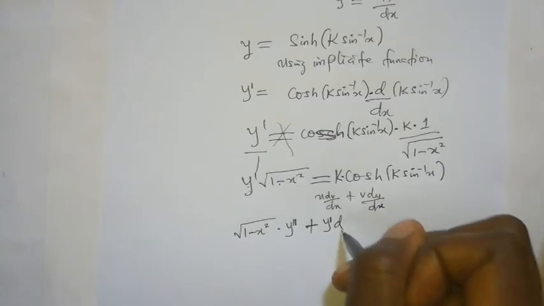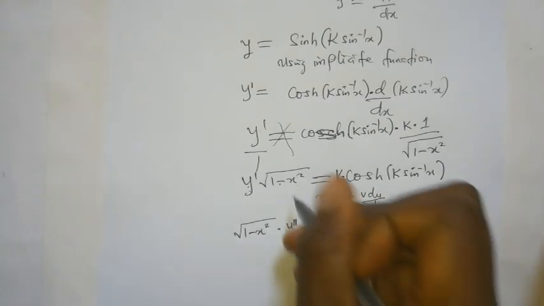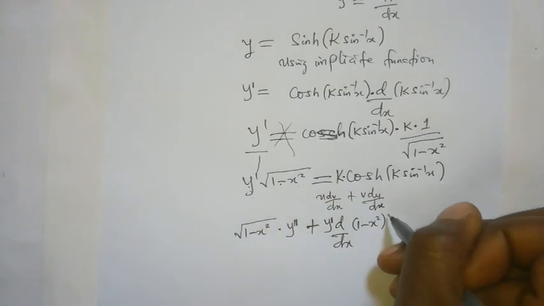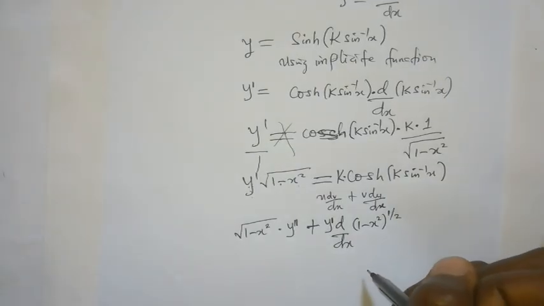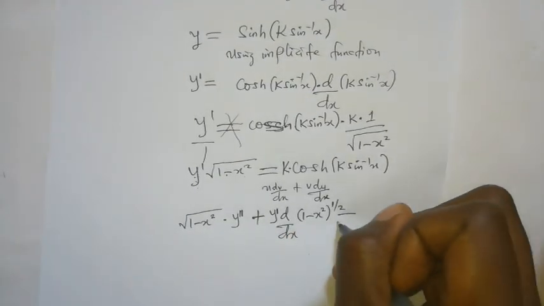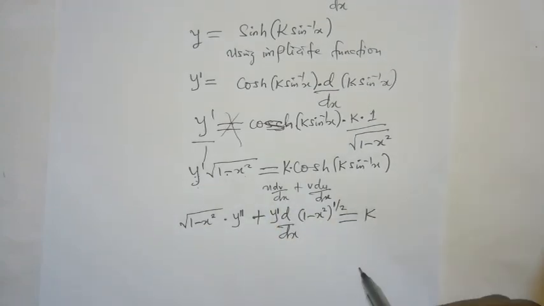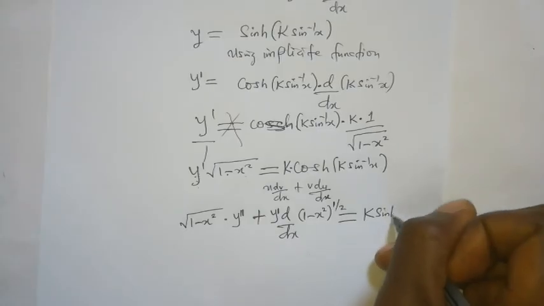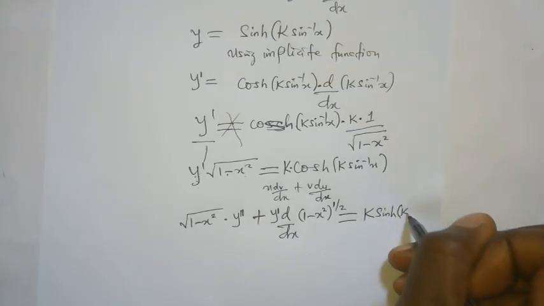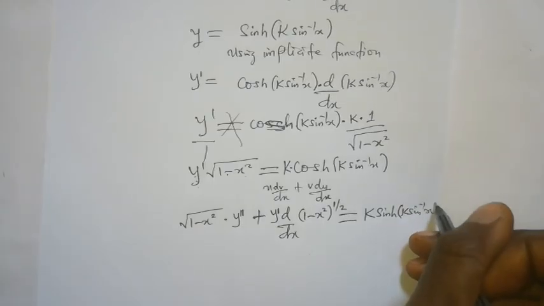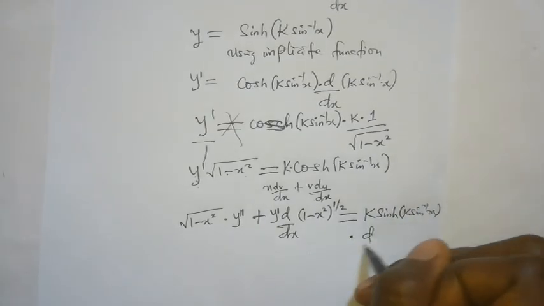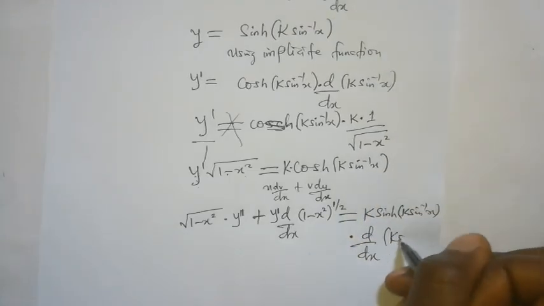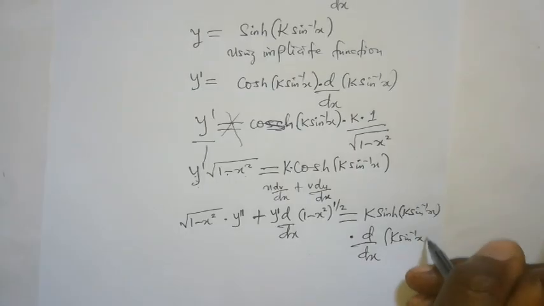Y prime is d/dx of (1 minus x squared) to the power 1 over 2. k is a constant, so the differential of cos is going to give me minus sin(k sin inverse of x) times d/dx of what is inside, which is k sin inverse of x.